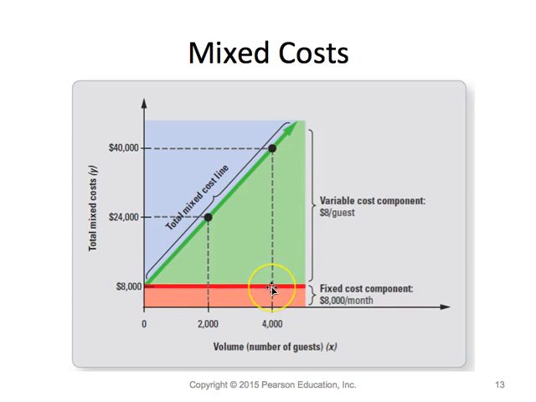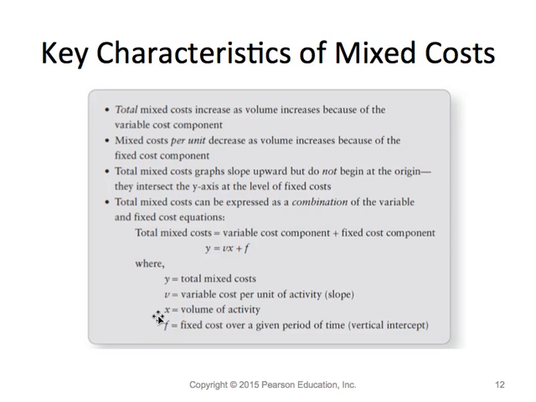So that's why we have delta y divided by delta x. It's 4,000 minus 0. Okay, we're going to do this a little in the next slide.